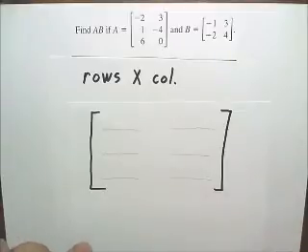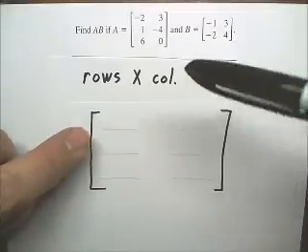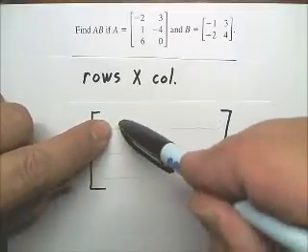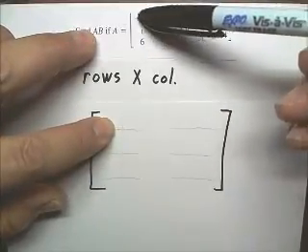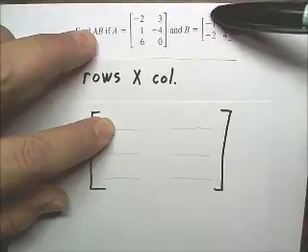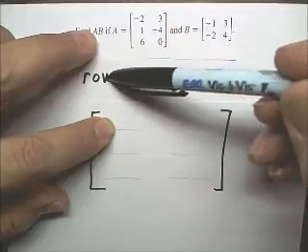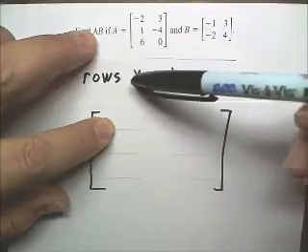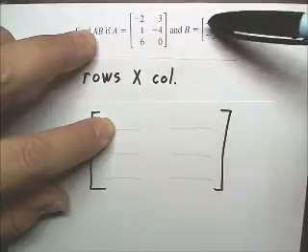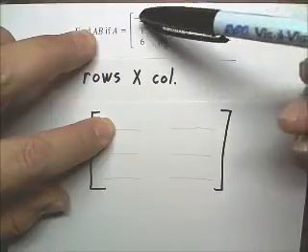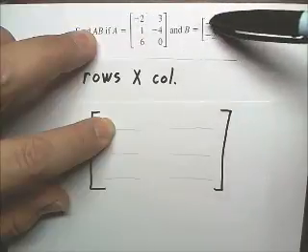Now to get the upper left hand corner, we have to take this row and multiply it times this column, and then we'll add that together. It's always the rows and the columns, so we'll be doing this row times this column.